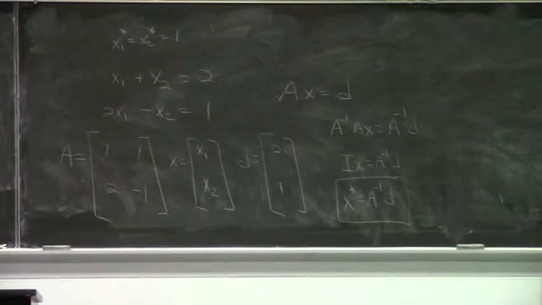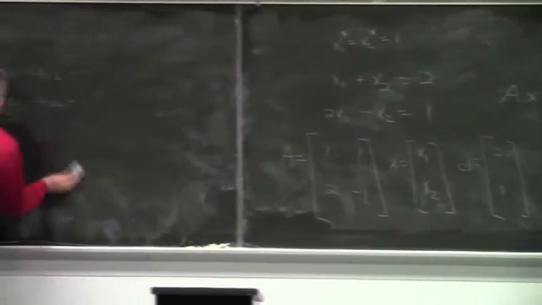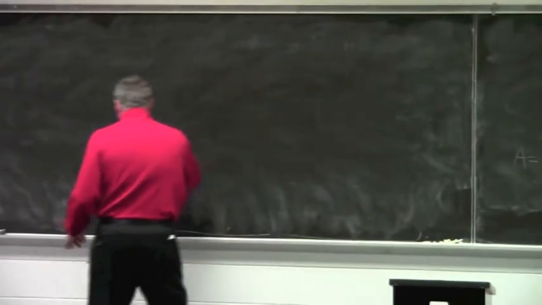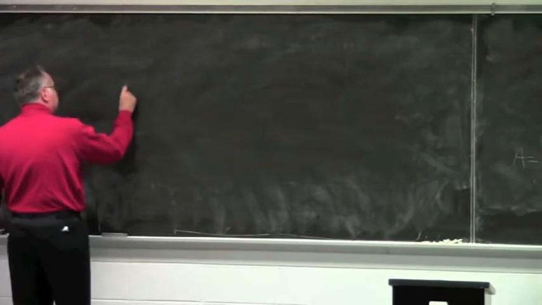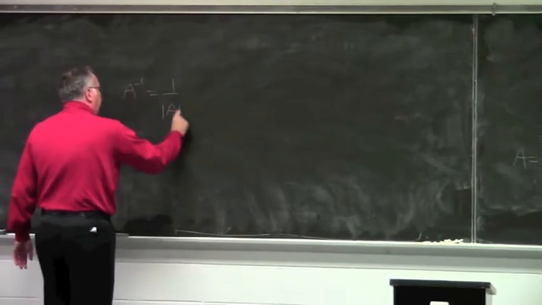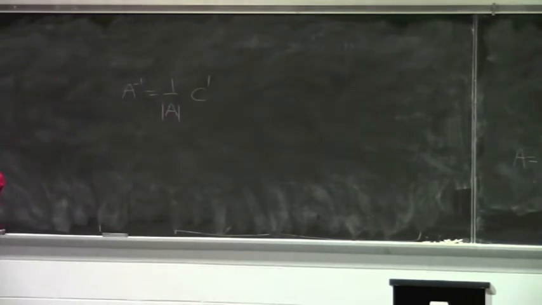Okay. Now, in order to use this procedure, we have to find A inverse. So let's use that formula we just went over to find A inverse. Recall that A inverse is this. 1 over the determinant of A times the transpose of the cofactor matrix.